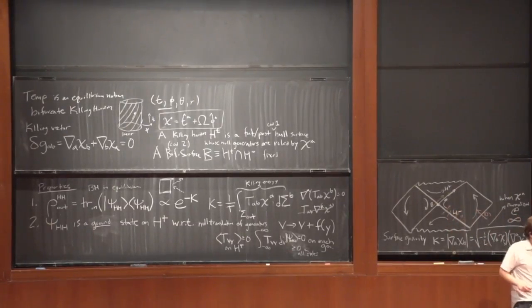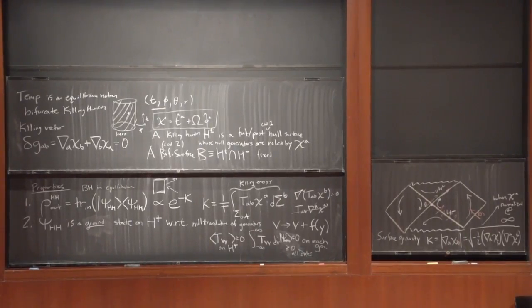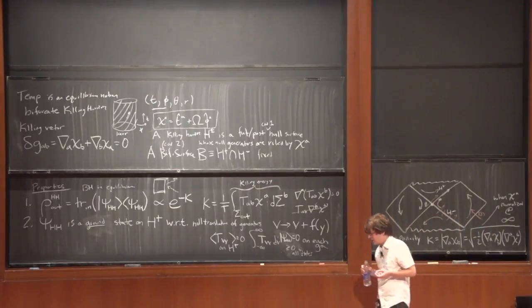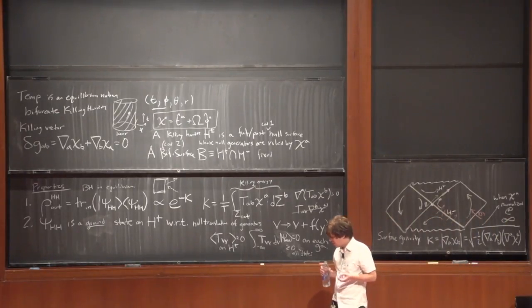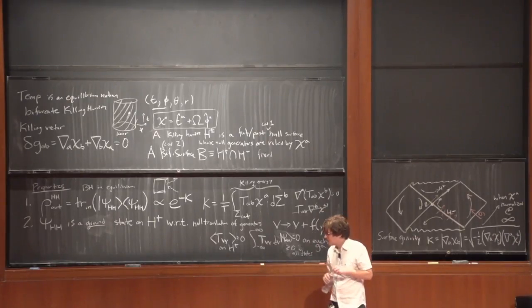Oh, yeah, I see your question. It's because, if you remember when Ed was talking about the proof of the Reeh-Schlieder theorem, he said that your region has to not be too large, meaning that it has to be space-like separated from an open region.